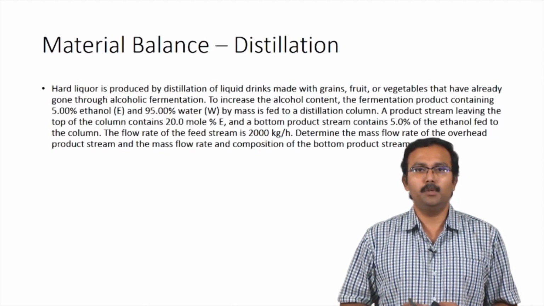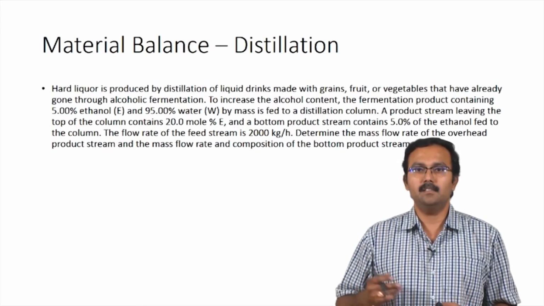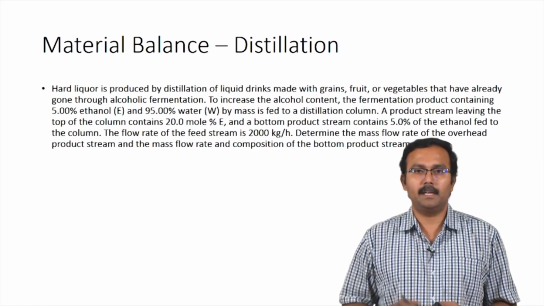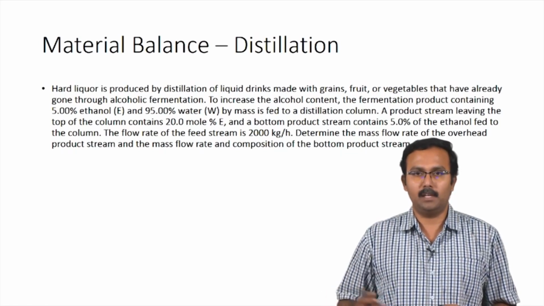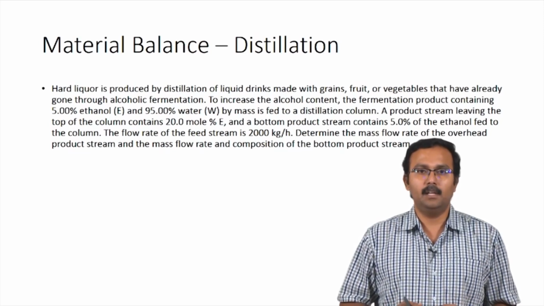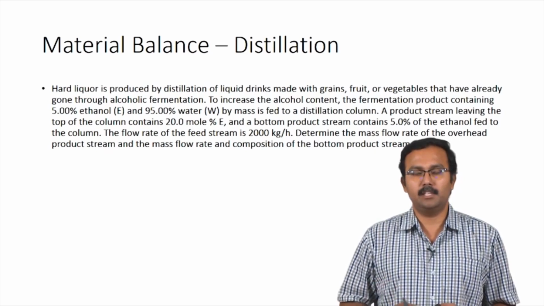Hard liquor is produced by distillation of liquid drinks made with grains, fruits or vegetables that have already gone through alcoholic fermentation. To increase the alcohol content, the fermentation product containing 5% ethanol and 95% water by mass is fed to a distillation column.